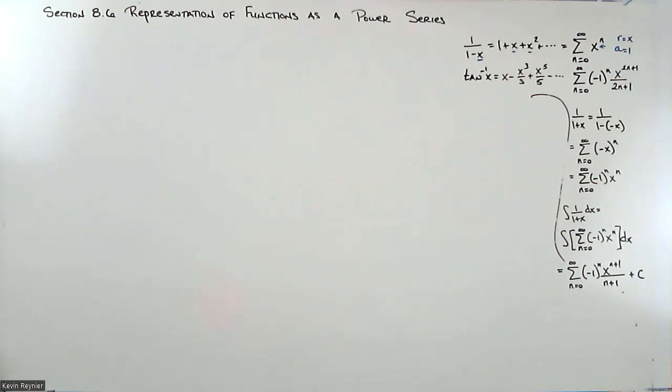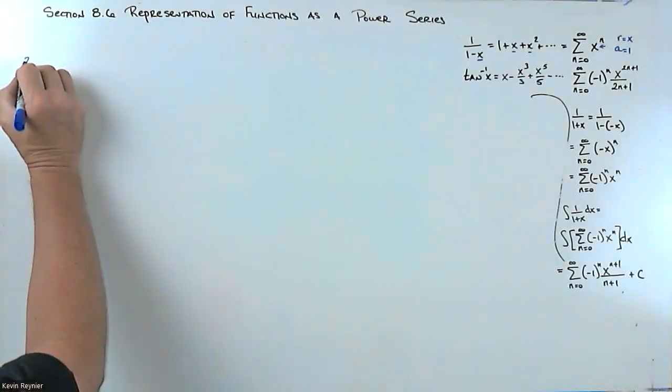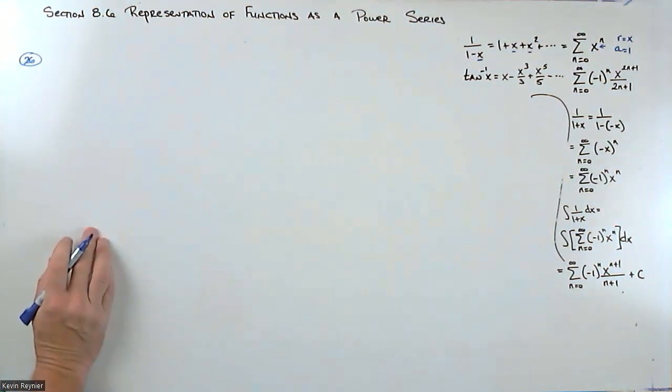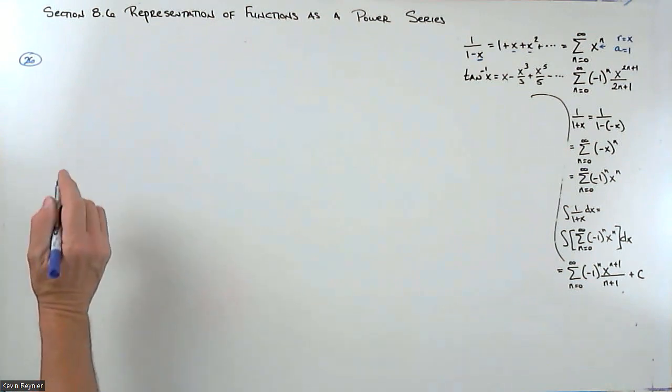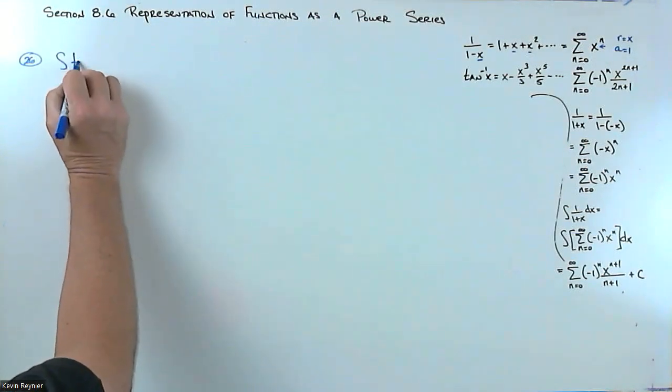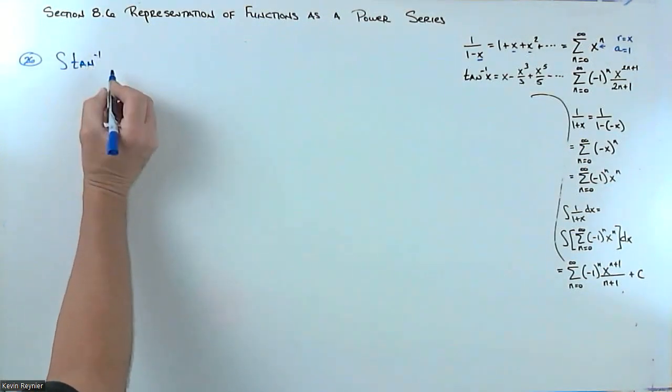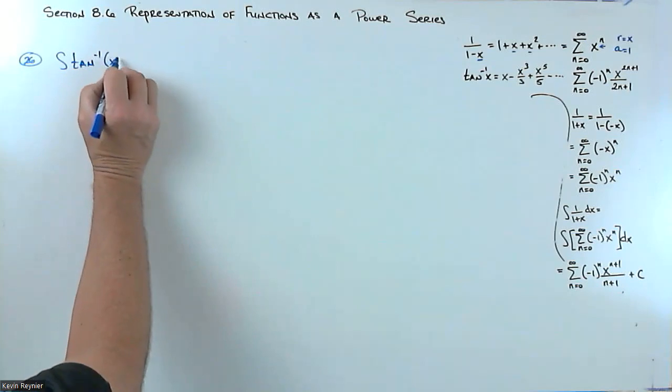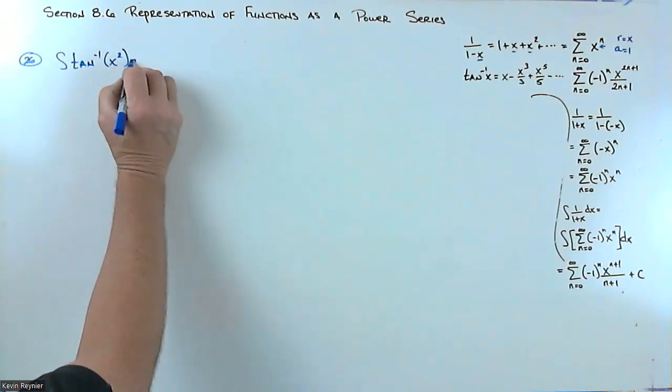We'll take a look at problem 26. Again, a different set of directions, and it's the even one in this grouping of problems. It says, evaluate the indefinite integral as a power series. What is the radius of convergence? Okay, so they want us to integrate the inverse tangent of x squared dx.